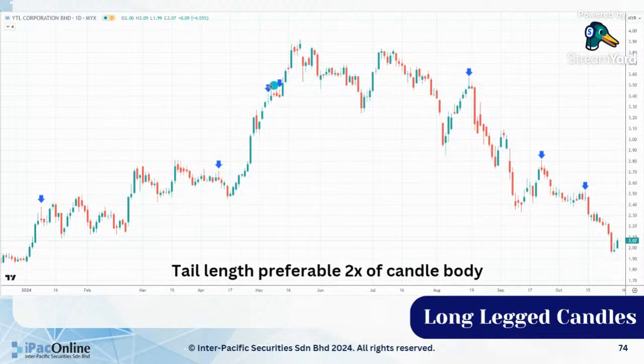This one, first, is a long green dragonfly doji, and also we have another long leg candle over here, but we do not see further selling pressure. So we will cover more when we talk about the shooting star later.